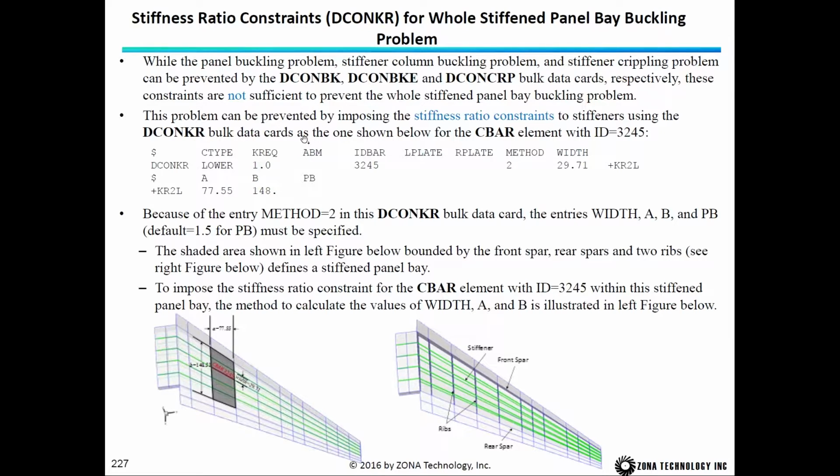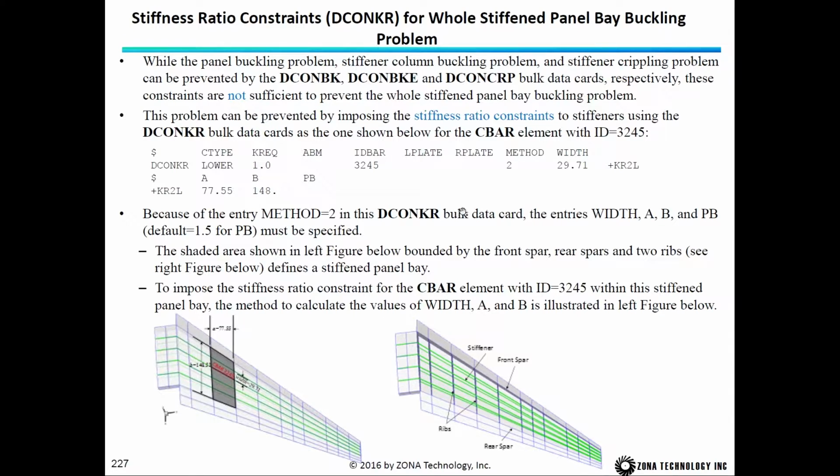So DCONKR, the lower bound is 1, and the CBAR with ID 3242. L ply and R ply are the panel skin CQUAD elements which are attached to this CBAR on the left hand side and on the right hand side.